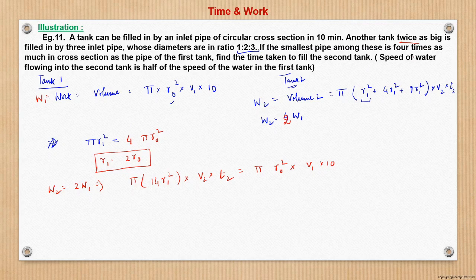Now it is given that the speed of water flowing into the second tank, that is V2, is half the speed of water flowing into the first. So now we will substitute here. Here R1 is 2 R0. So we substitute and write 4 R0 square into V2 into T2, this is equal to pi R0 square into V1, which is 2 V2, into 10. V2 will get cancelled, R0 will get cancelled here, pi will get cancelled.